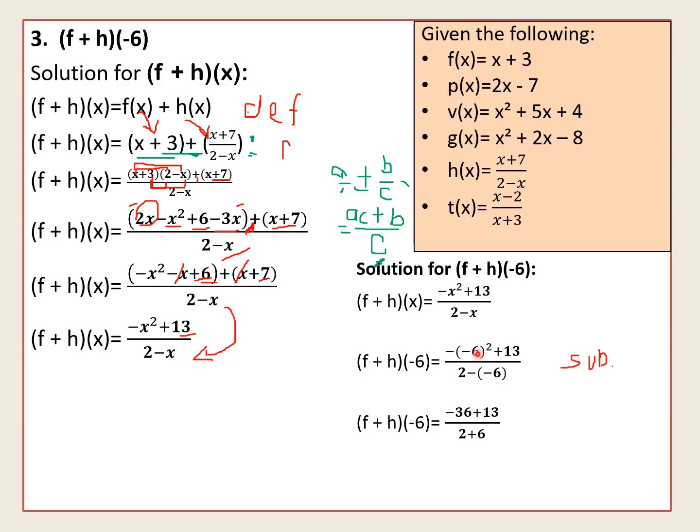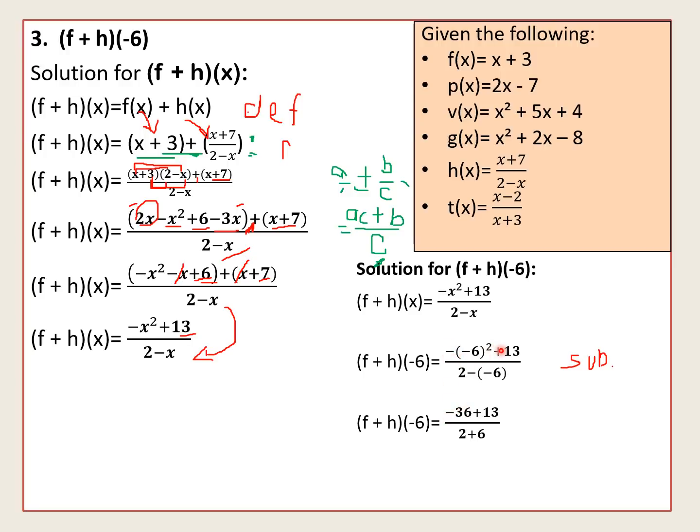Unahin muna natin itong sa parentheses kasi exponent yan. So, negative 6 multiplied by itself, it would become positive 36, right? But, it has another negative here outside the parentheses. So, positive 36 becomes negative 36 kasi meron tayong negative sign dito. Okay?